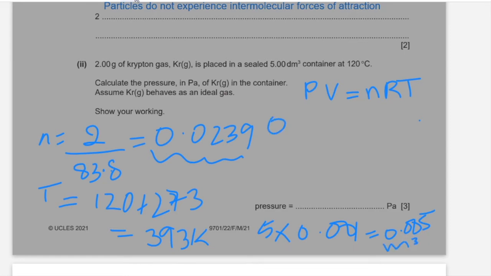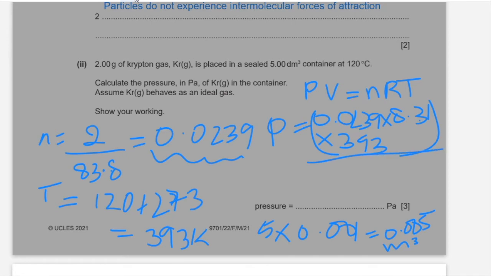And so for pressure, you'd multiply 0.0239 times 8.31, the value of R, times the temperature, 393 Kelvin, and divide that with the value of volume, 0.005, and you'd get the answer as 15,600 pascals. Again, my answer is corrected to 3 significant figures.